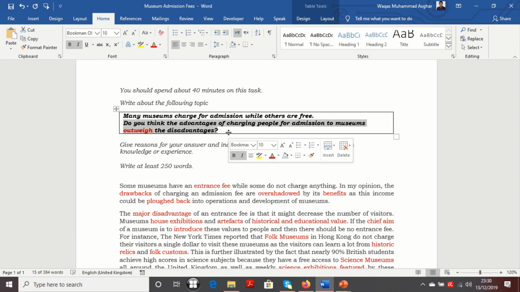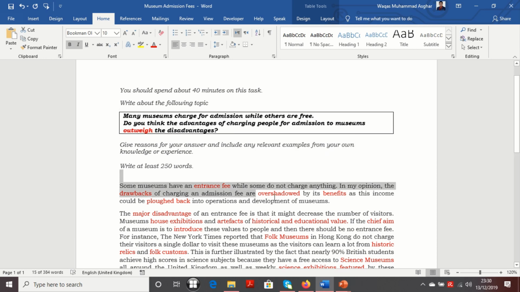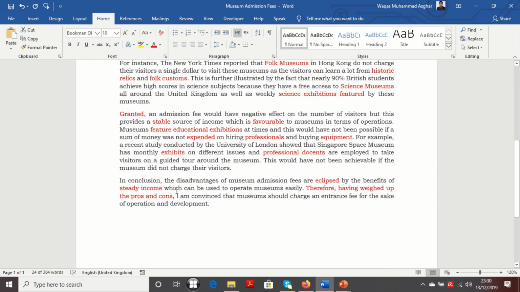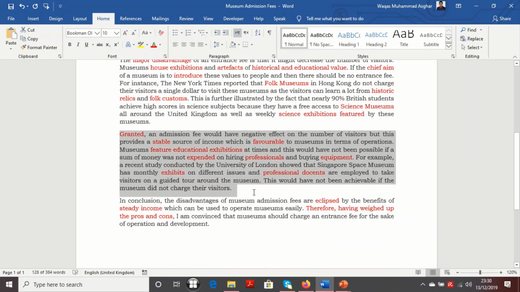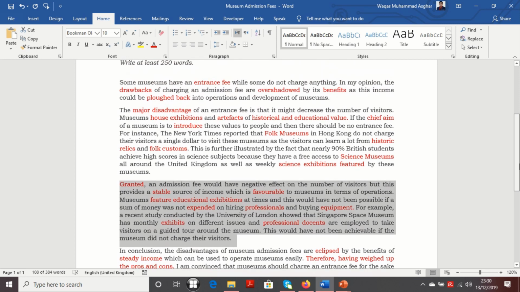We will give our opinion in the introduction and in our conclusion. In our first body paragraph we will discuss the first major advantage, and in our second body paragraph we will discuss the major disadvantage.